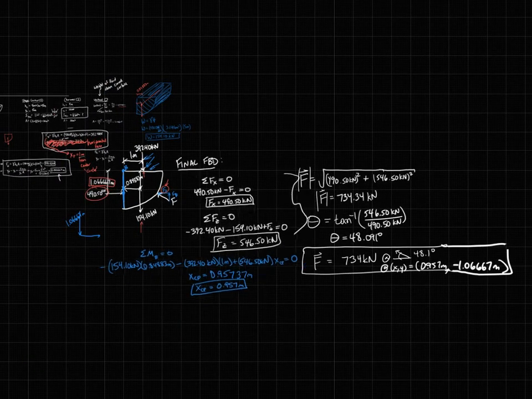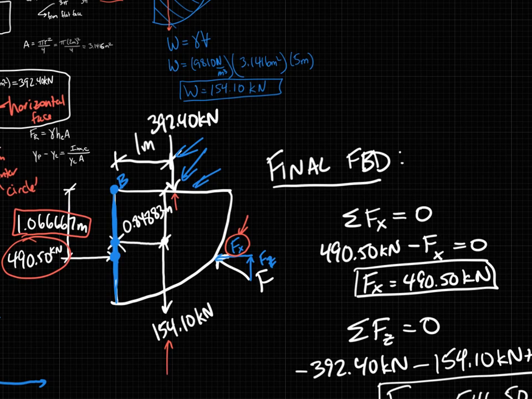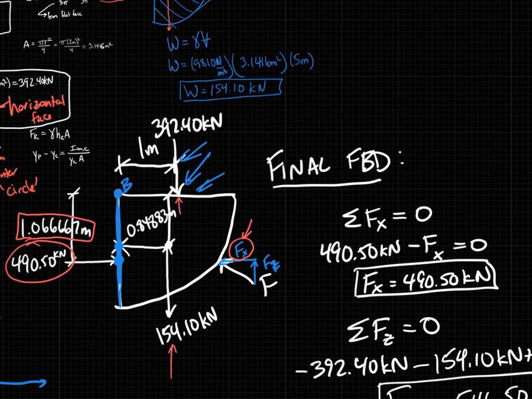Somewhere in here is where this F is actually acting. It's probably right here because it's going to be between this force and that force. So between the pressure from above and the weight of the fluid, it'll be somewhere in there.